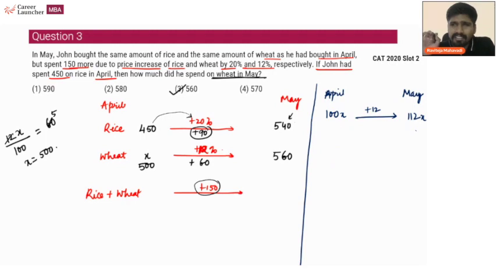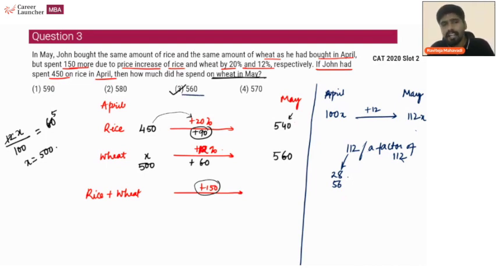Now my answer should be a multiple of 112 or a factor of 112. What are the factors of 112? 28 is there, 56 is there. Some multiple of any of these numbers should ideally be my answer, which is the only option that gives you that liberty. I think 560, 112 into 5, is simply telling you, boss, pick me. So that should have been your first choice when you looked at the question without solving the entire question.